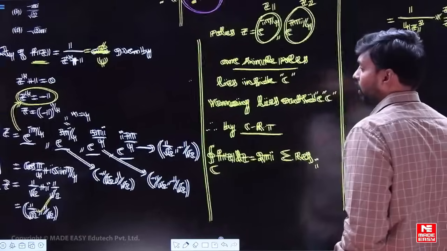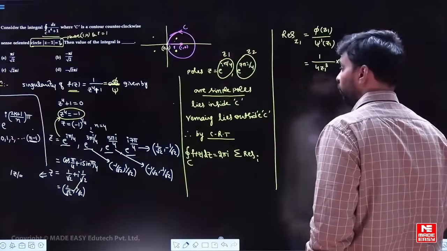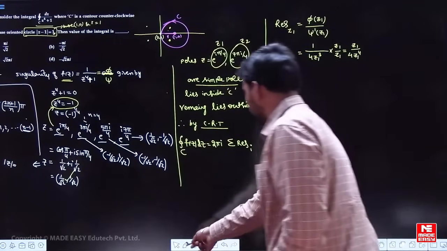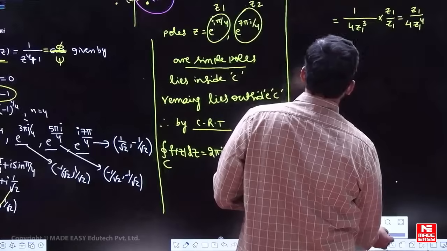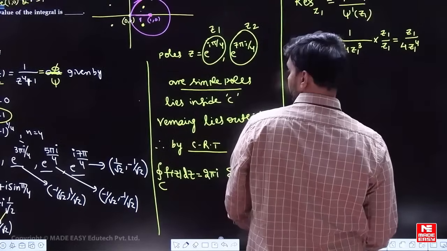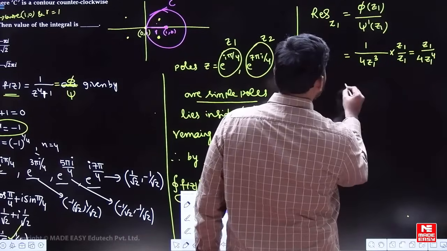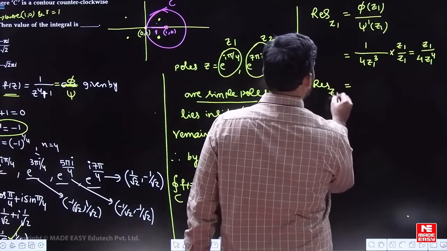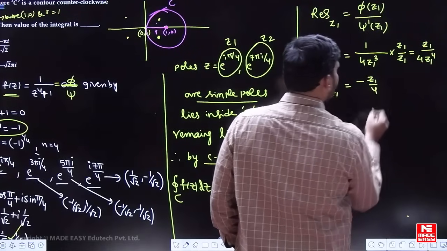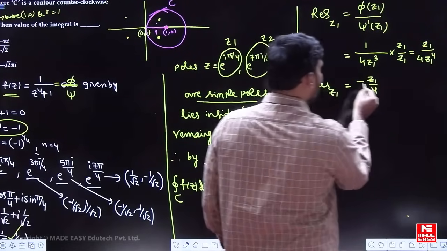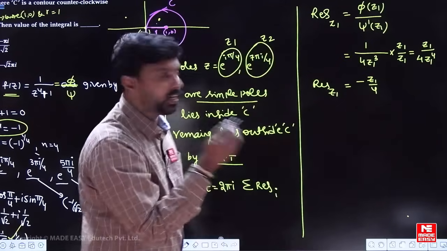Therefore, what I do here is, the residue at z1 is given by minus z1 by 4, because z power 4 is minus 1. So what is z1 by 4? I will replace it later here.